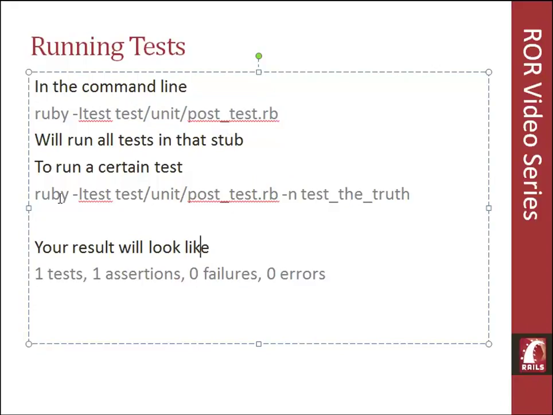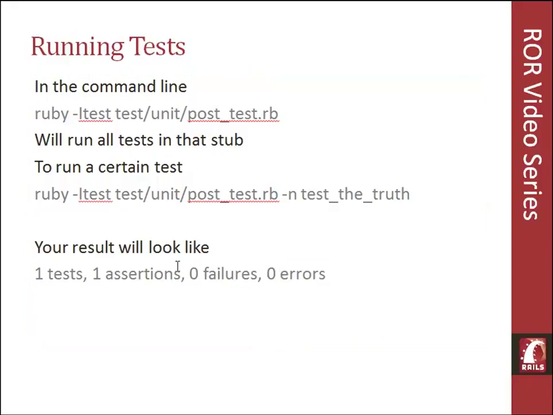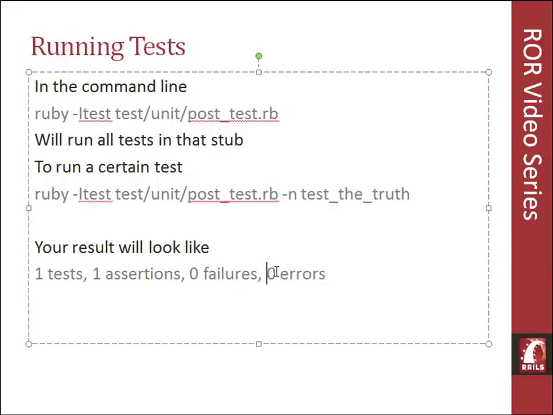If you want to single one out, you could use this format. Your results will look like this. If your test fails, it'll say 1 failure, or however many failures. And if you have some kind of error in your syntax, you'll get an error. But just because you get an error doesn't mean the test is failing. It's usually a syntax error or something like that.